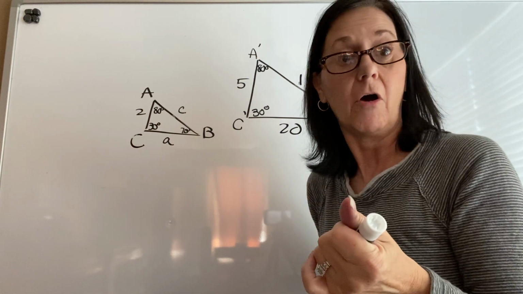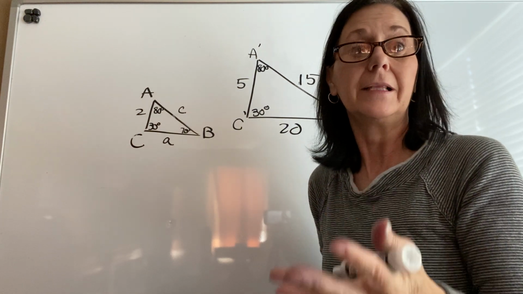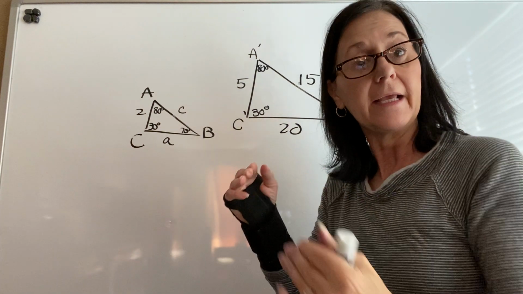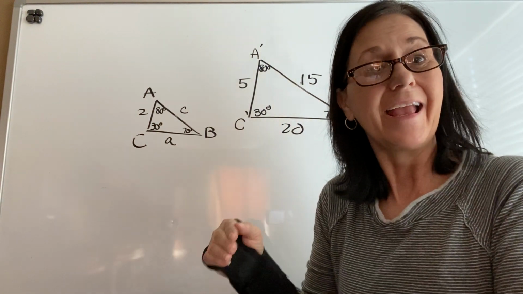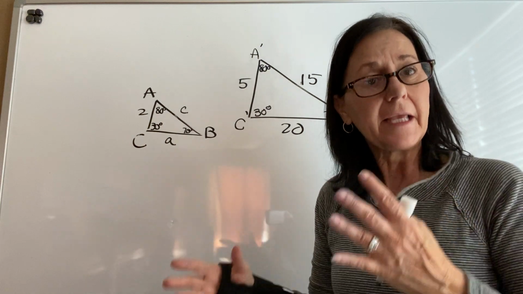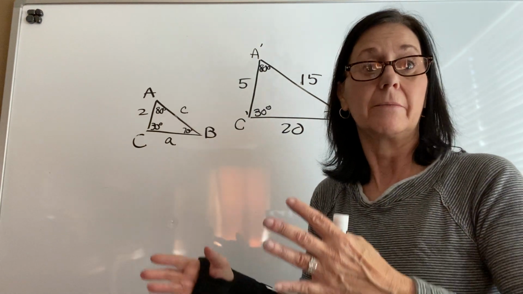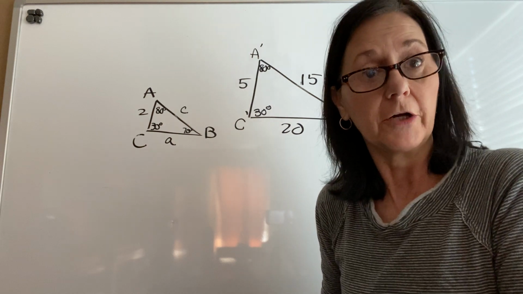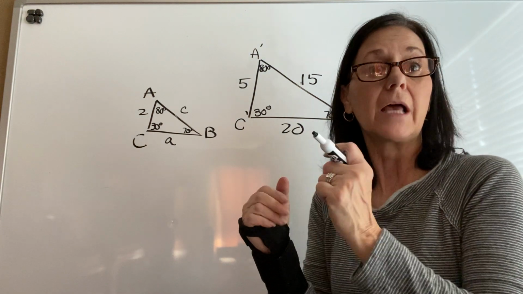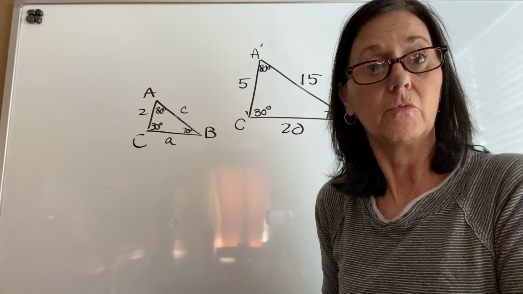And that's the way all math textbooks label sides. They relate it to the angle opposite the side. Because remember, that angle really dictates the length of the side opposite it, because the bigger the angle, the side opposite will be larger. The smaller the angle, the side opposite that small angle would be smaller.